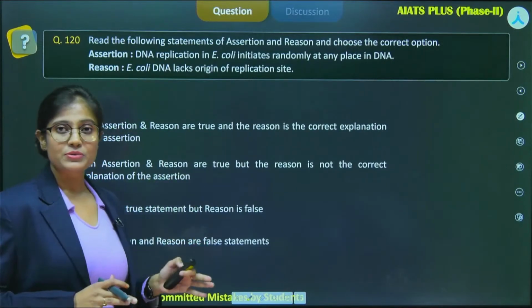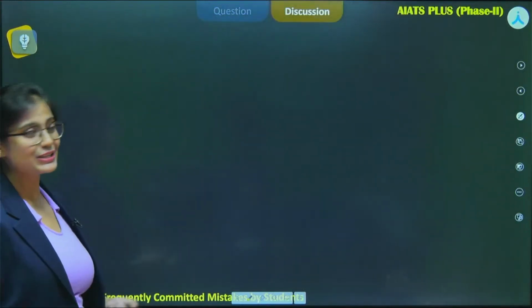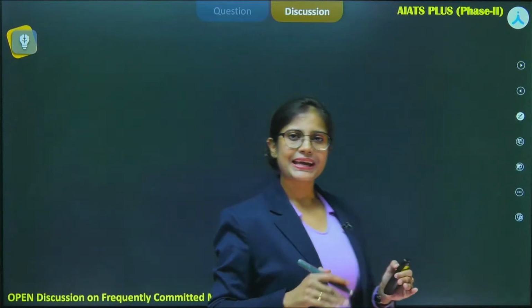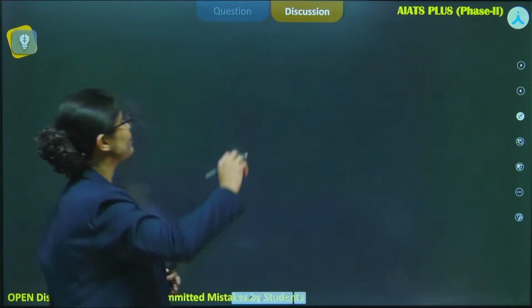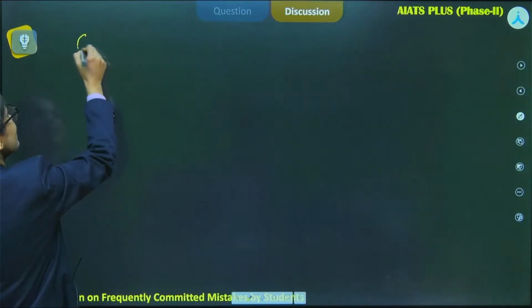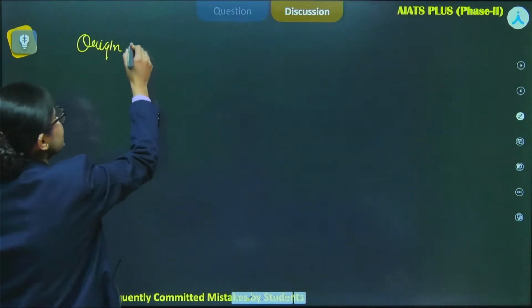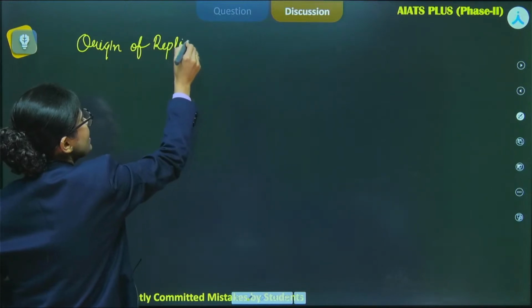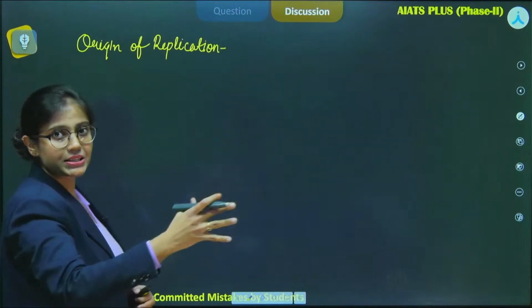So the underlying concept behind it is replication of DNA. Let's understand it. To understand any process, let's break it into steps. Now let's start with the first step, which is origin of replication. What do you understand by origin of replication? It is basically a small sequence from where the replication will be started.